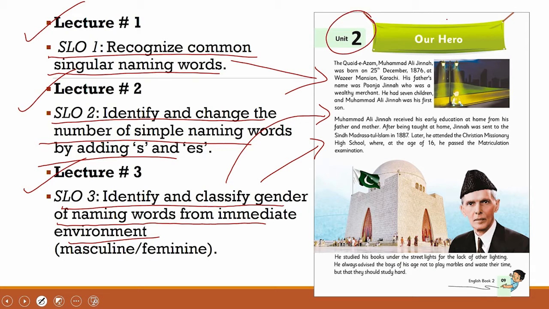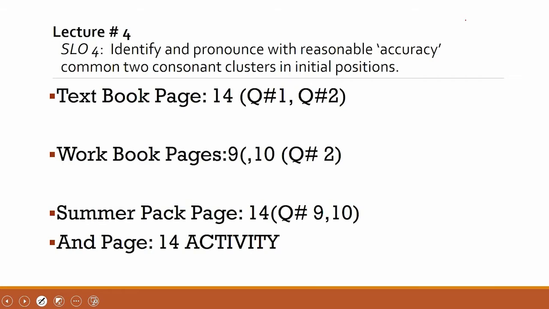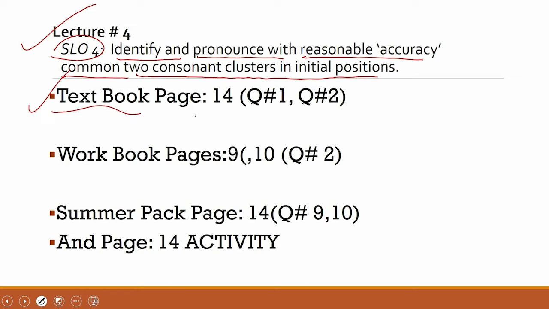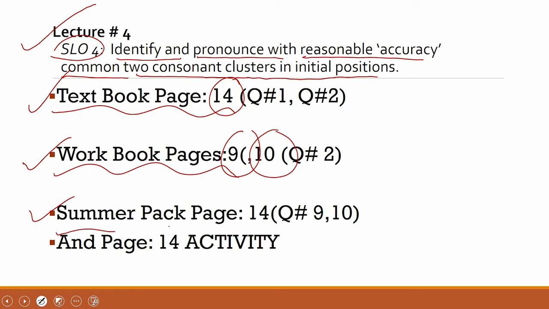the unit Our Hero. Today is lecture number 4, and the SLO says: identify and pronounce with reasonable accuracy common two consonant clusters in initial positions. To study this SLO, we need the textbook page 14, the workbook pages 9 and 10, and the summer pack page number 14.